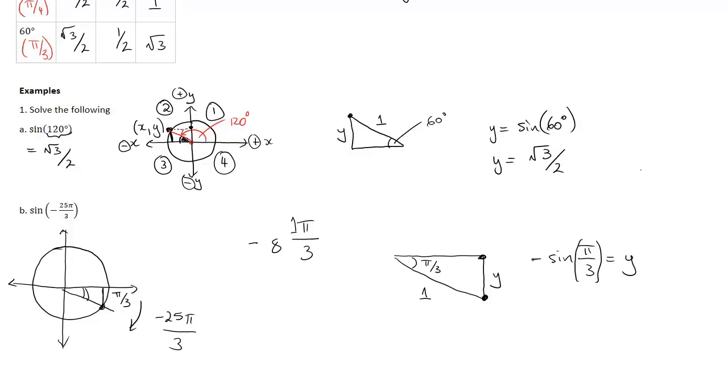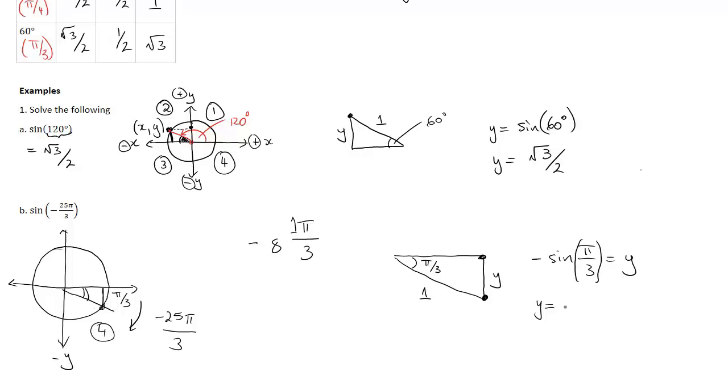The sign outside of this function should be a minus, because it is in the fourth quadrant. In quadrant number 4, you can see that all the y values down there are negative, okay? So all these values along this axis are negative.